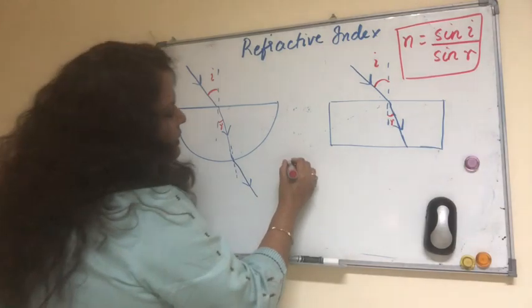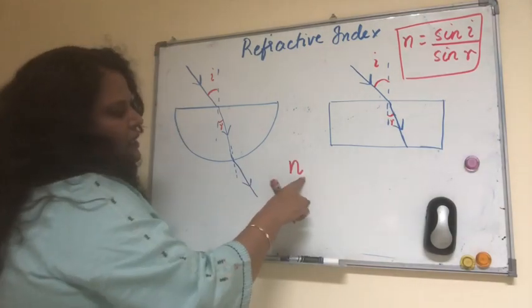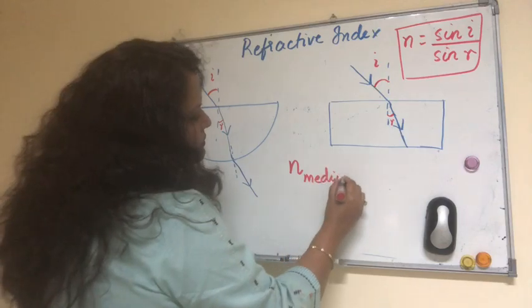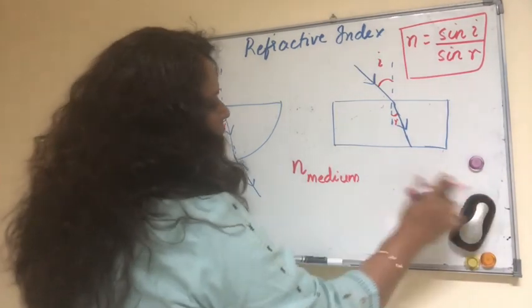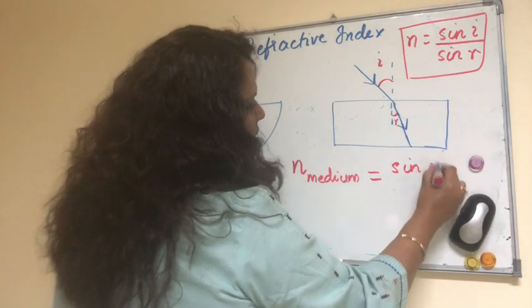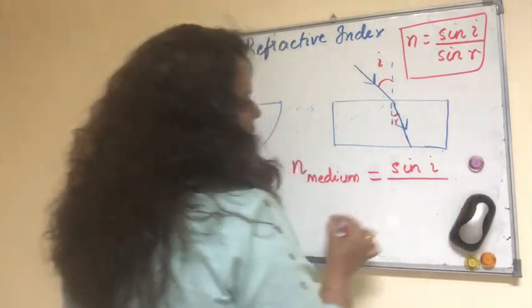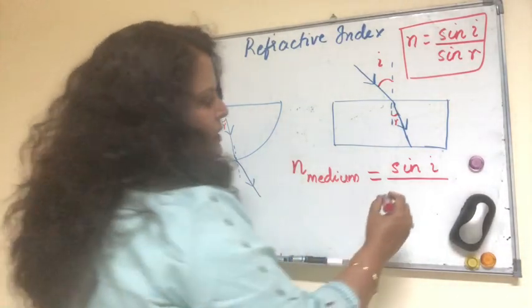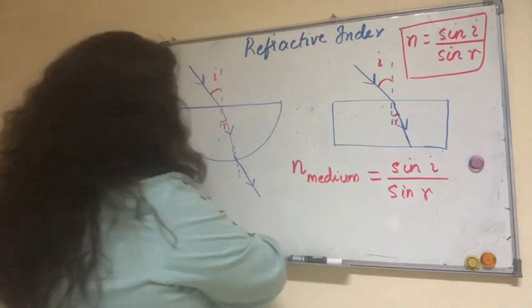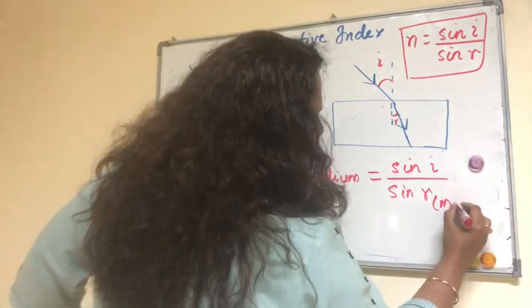So my advice to you would be, if you are taking n of a medium, what you need to remember is that sin i is as it is; you don't have to change anything. But sin r, you remember, that angle should be inside the medium.